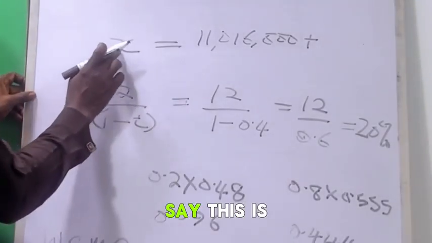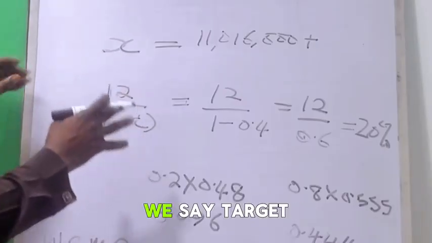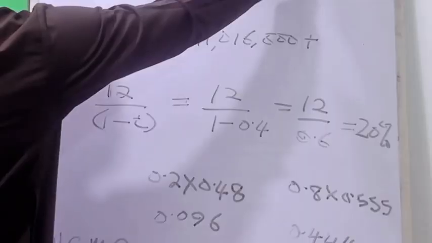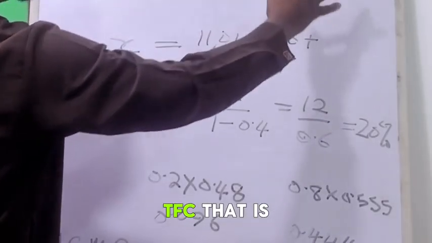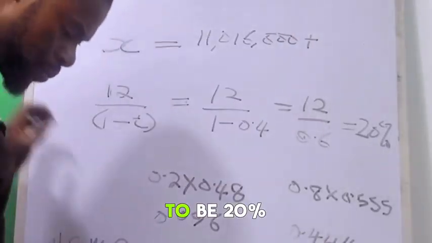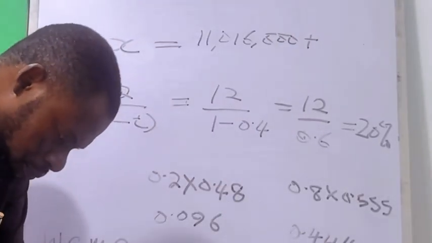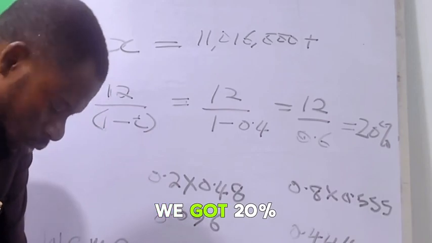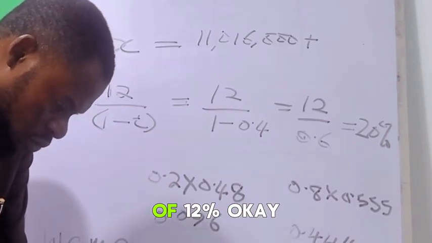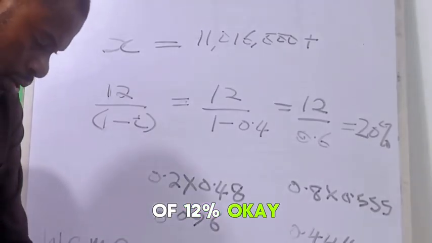So that is our target. So if we say target profit is equal to TFC, that is total fixed cost, plus 20%, they say to give us a rate of return of 12% of the revenue.